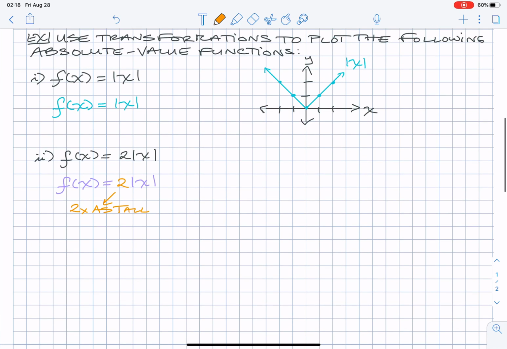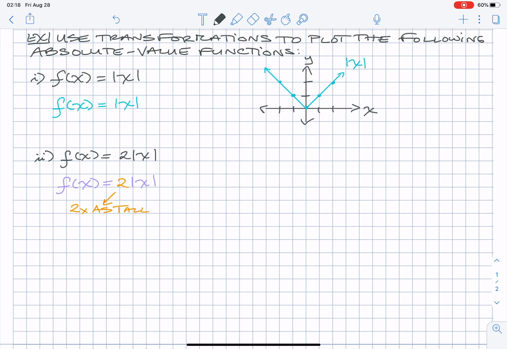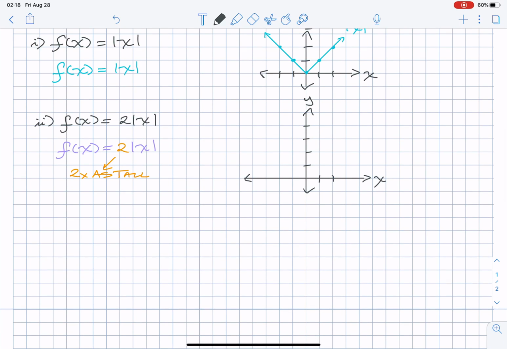Okay, so what I can do, let's look at our x and y coordinate axes again. X and y. So 1, 2, 3, 4. 1, 2, 1, 2.